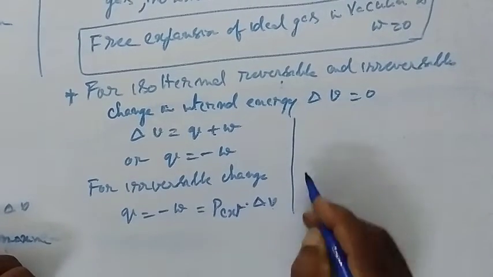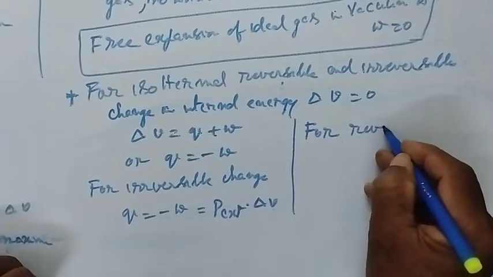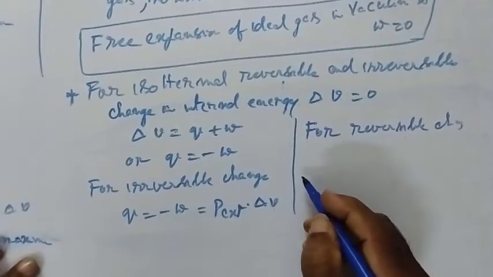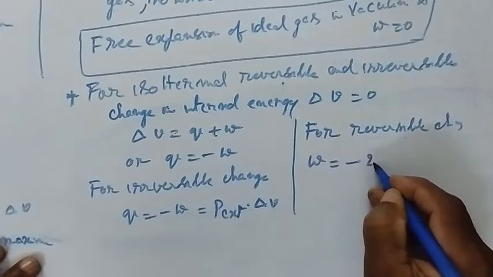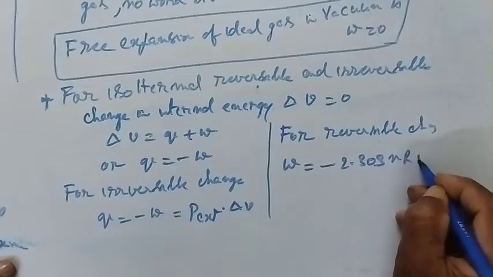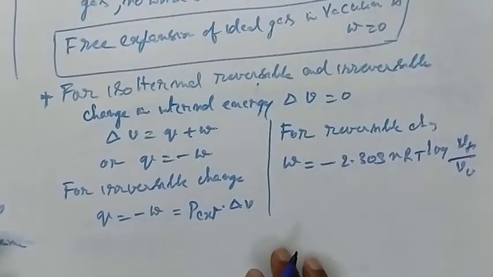And for reversible change, W equal to minus 2.303 nRT log V final by V initial.